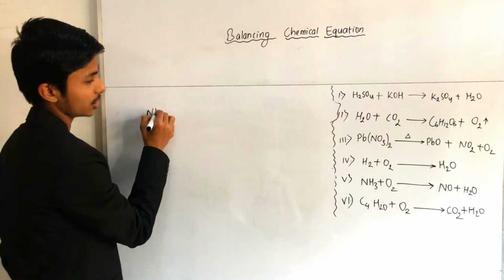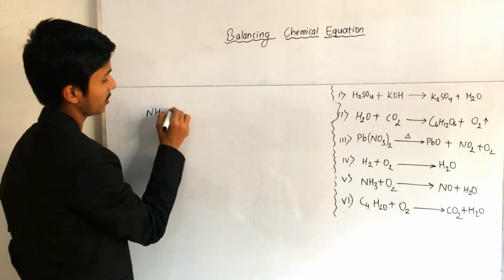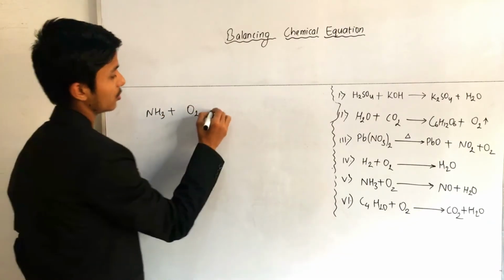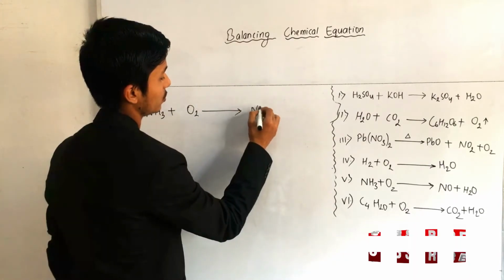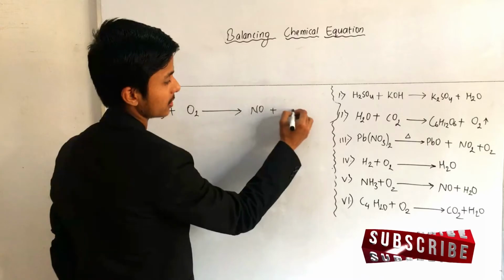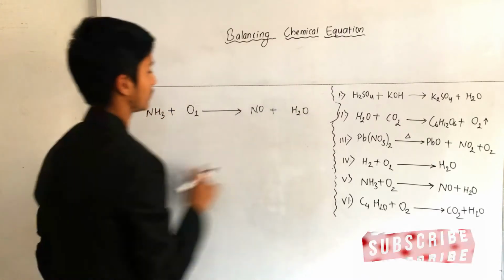Here we have the equation NH3 plus O2 gives NO plus H2O.